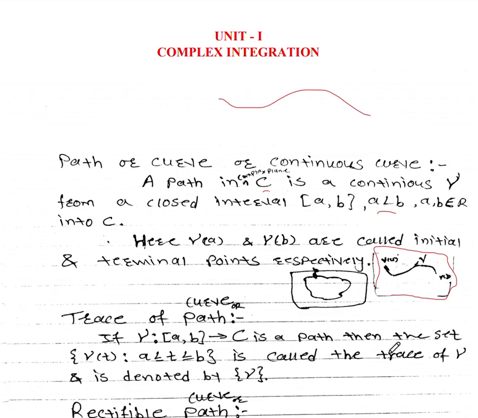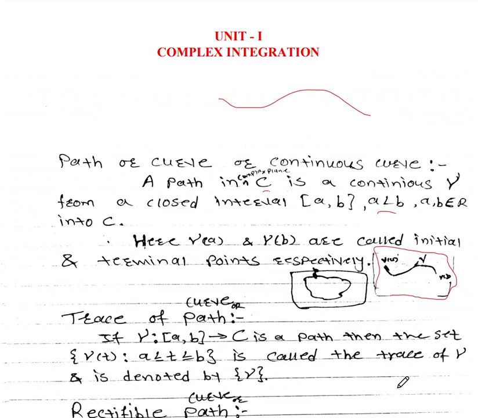This curve is denoted by the mapping gamma on [a, b], where these are the initial and ending points. In this region we will define this curve in the complex plane C. Then the set of gamma of t such that a is less than or equal to t less than or equal to b.